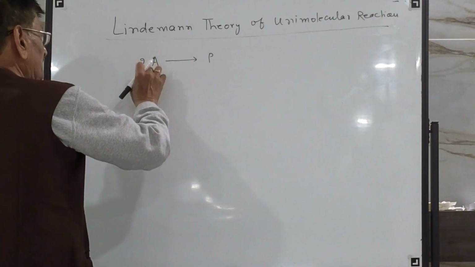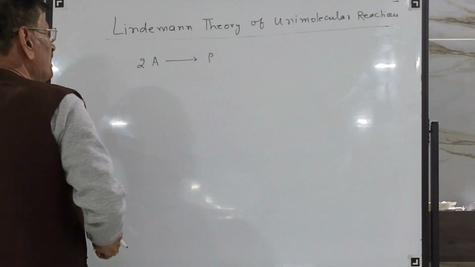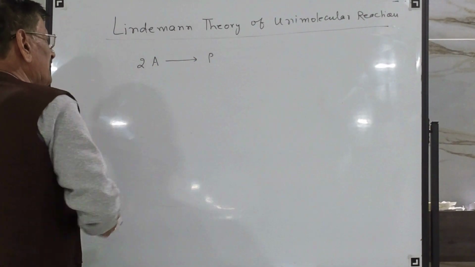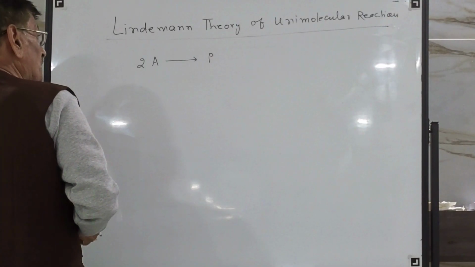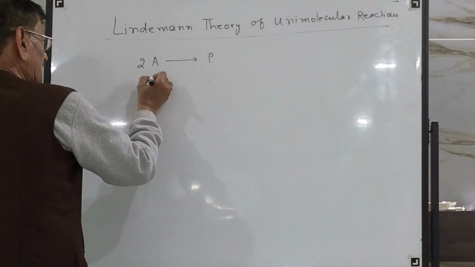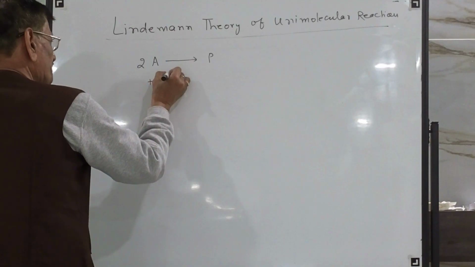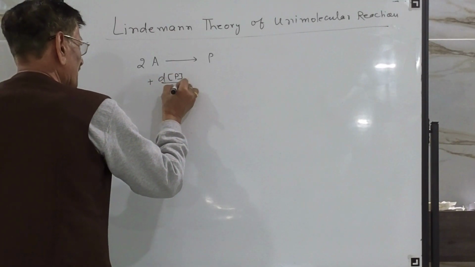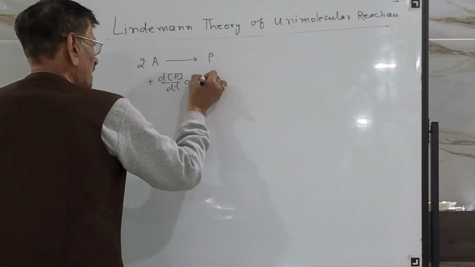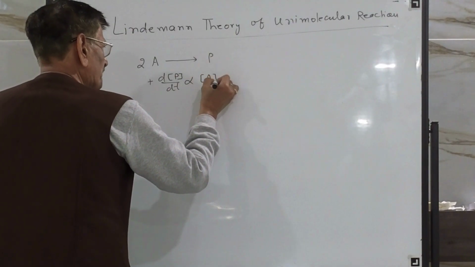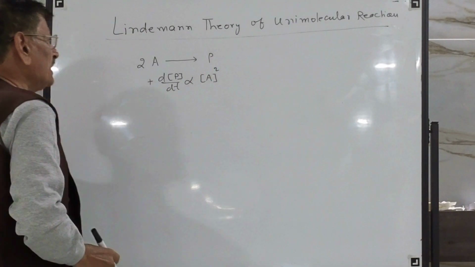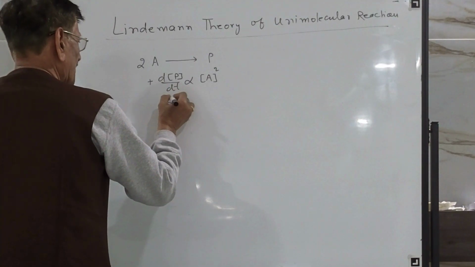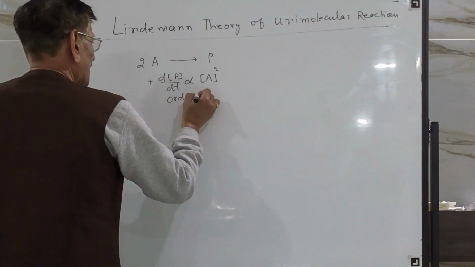Now the rate of this reaction, since two molecules are colliding and this is an elementary reaction, according to the law of mass action, the rate of formation of P, that is the rate of reaction, must be proportional to the molar concentration of A to the power 2. That is, the order is 2.